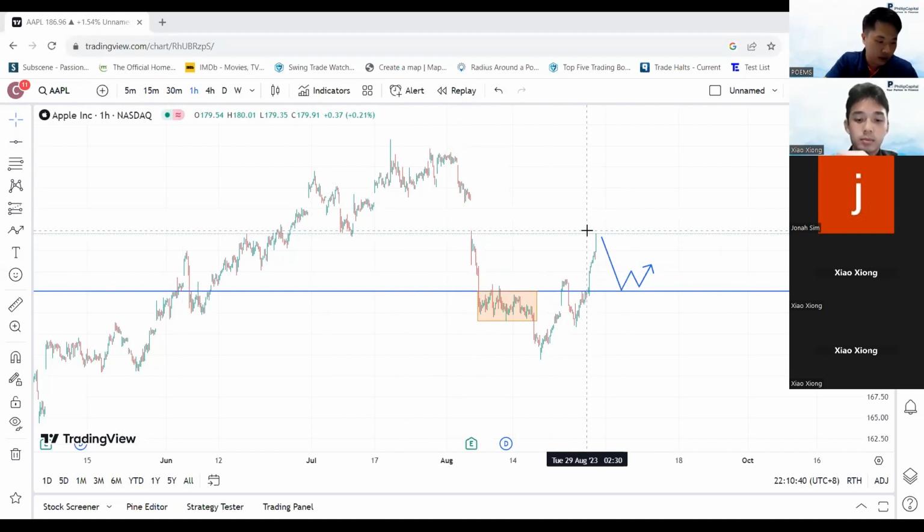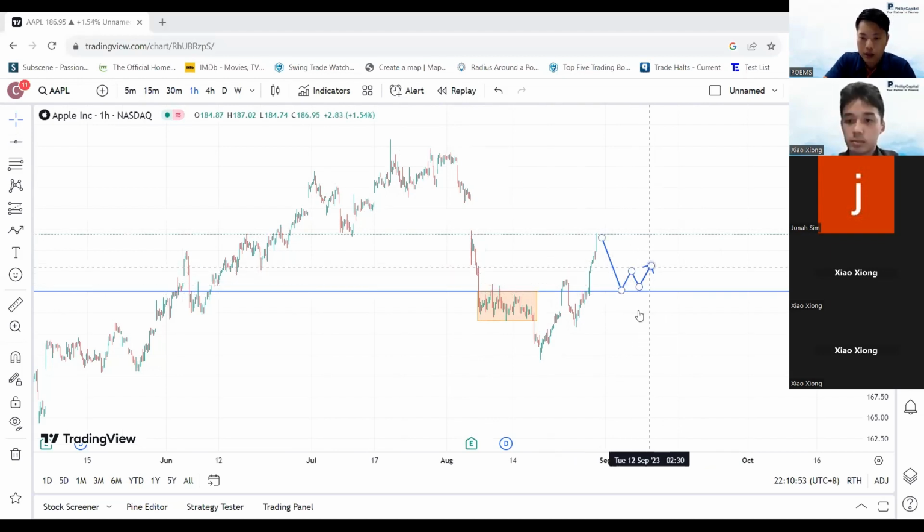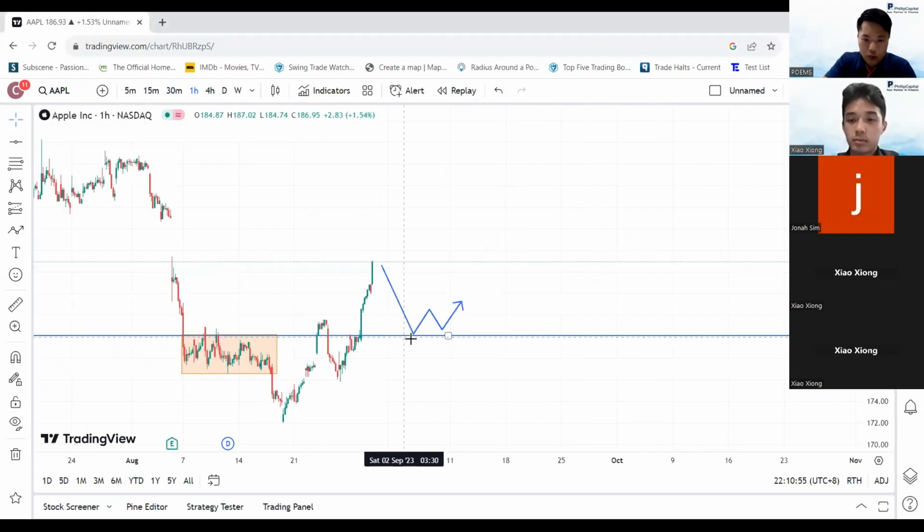On how to take profit, supposedly as Apple, where Apple is standing, let's say it does go down and then it does show this price movement. Then my stop loss will be slightly lower than this low, and my take profit will be where it rejected.